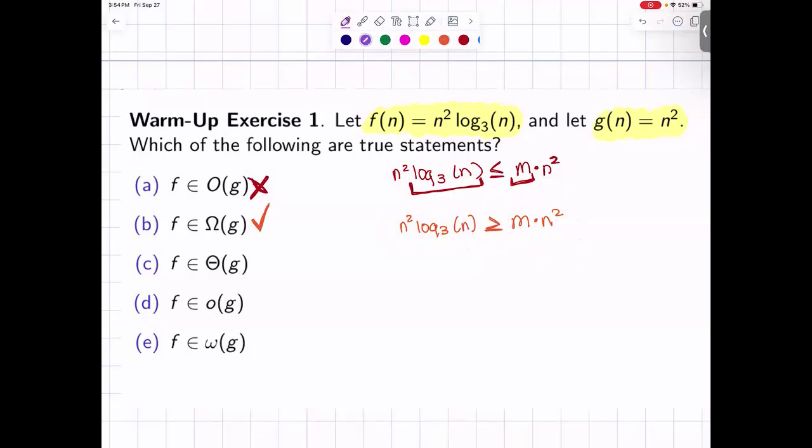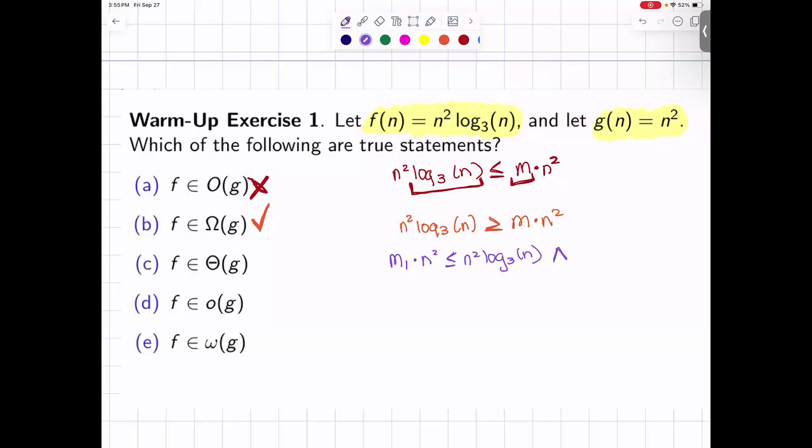Next, when we look at big theta, or just theta, I suppose, we're basically bounding our function by two different sides. So we want to make sure that there exists an m1 times g of n, which in this case, I guess, is n squared. This needs to be less than or equal to n squared log base 3 of n.